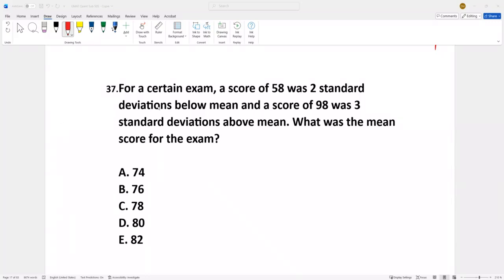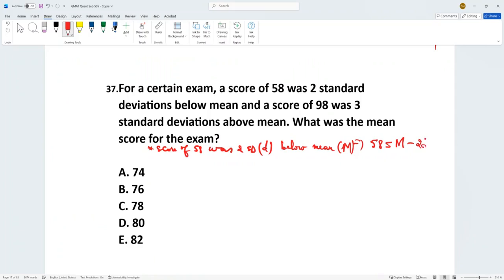If we try to interpret this mathematically, a score of 58 was 2 standard deviations, or D, below the mean, which we can call M. Mathematically, this means that 58 is equal to the mean minus 2D.